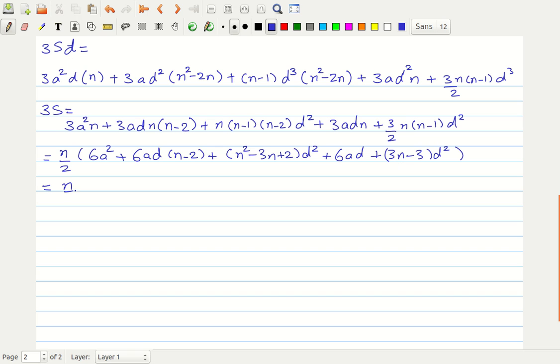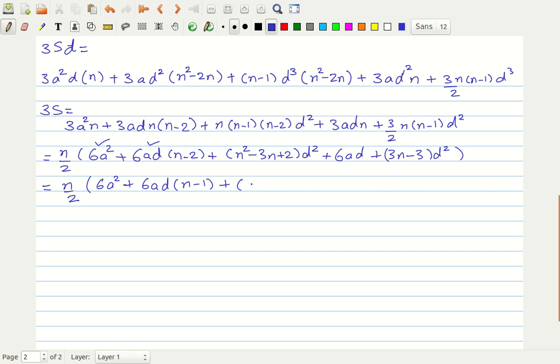Now this means that this is n by 2 times, now I'll just collect the terms, so this becomes 6a square plus I can take 6ad as a common factor out, and this becomes n minus 2 plus 1. N minus 2 plus 1 is n minus 1, plus I can take d square as a common factor out.